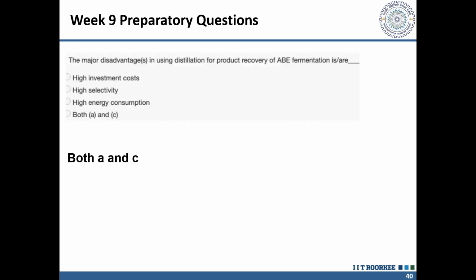So, now the next question on ABE fermentation: the major disadvantage in using distillation for every product recovery of ABE fermentation is. By now we have seen that ABE is used to make three different types of solvents.